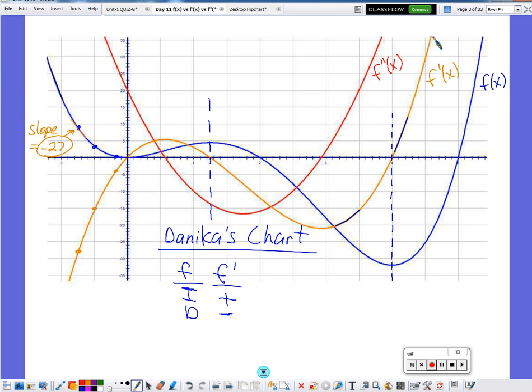Okay, back to Kenna's comments, why it was so perfect. Okay, and Brienne's as well. F is to f prime as f prime is to f double prime. So when you see f prime increasing, what do you know about f double prime? Positive. When you see f prime decreasing, what do you know about f double prime?